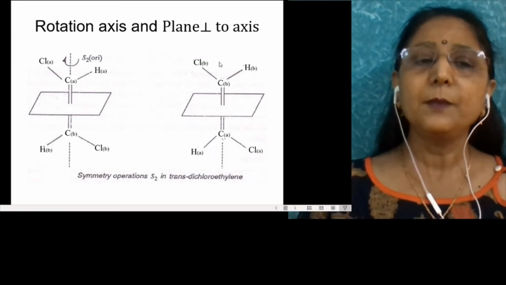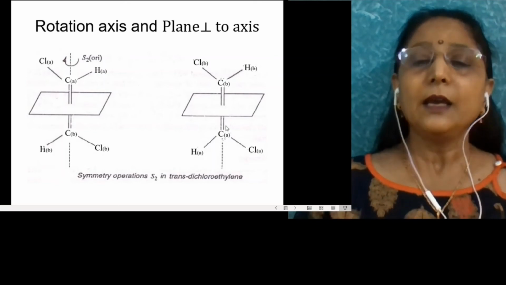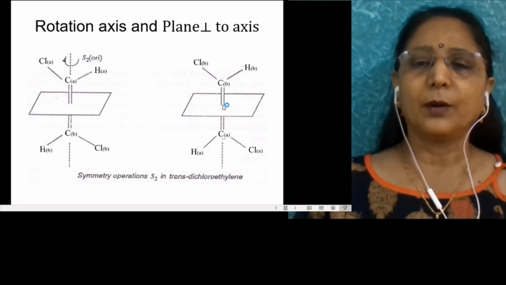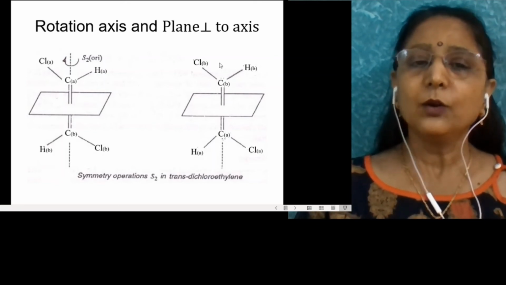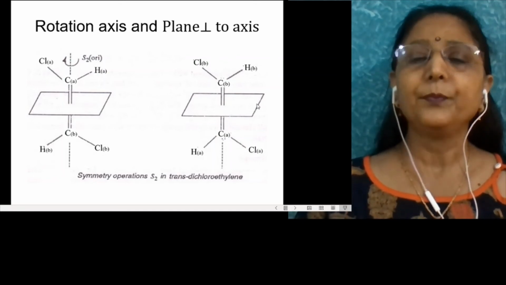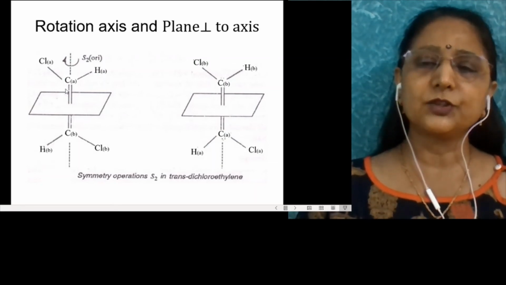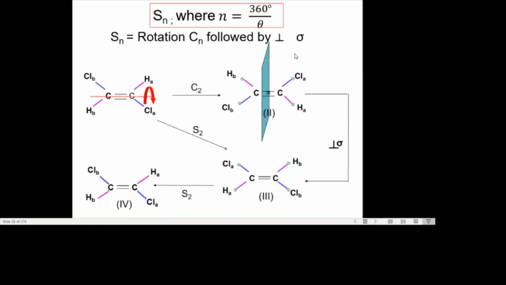It is only perpendicular to our axis of rotation over here. If I perform a similar rotation along the axis and reflection through this plane again, then the resulting structure will be the original structure.